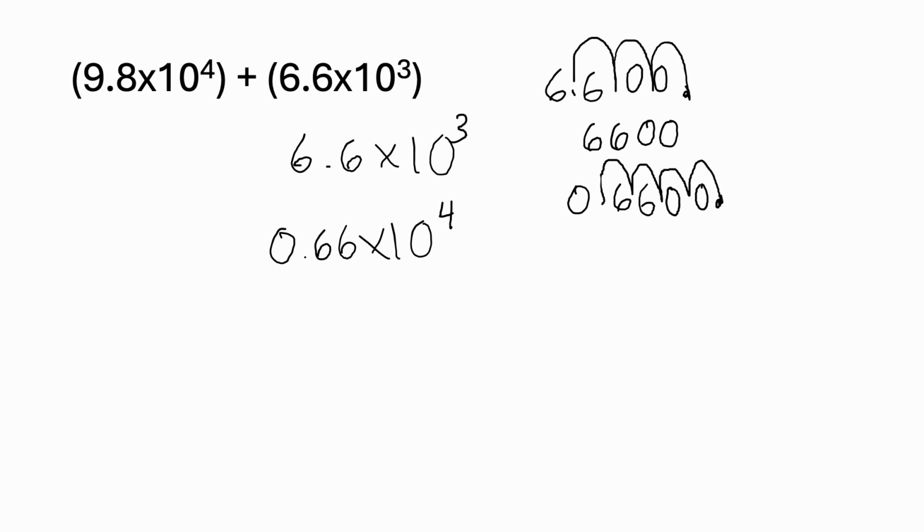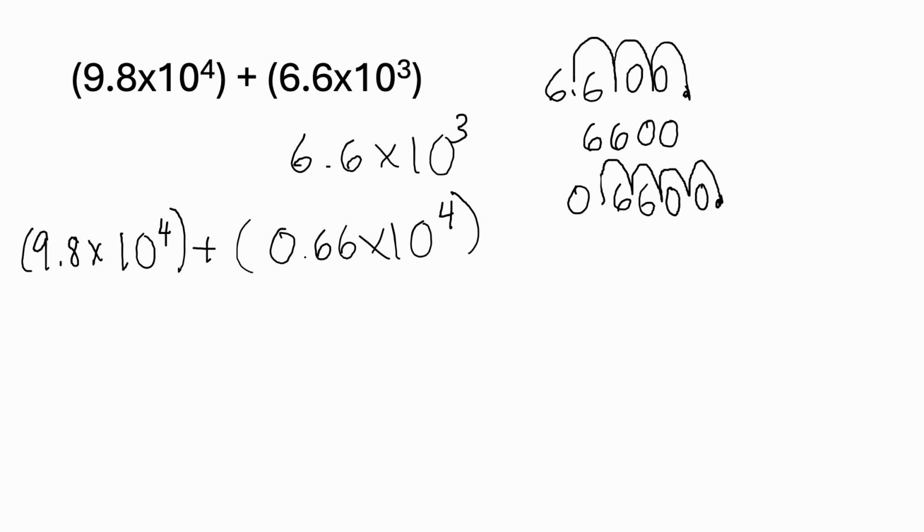Okay, so now that our powers of 10 are the same, we do kind of a similar thing to what we did for adding and for multiplying and dividing fractions. Did I say fractions? I meant standard forms. Don't know why I said that.